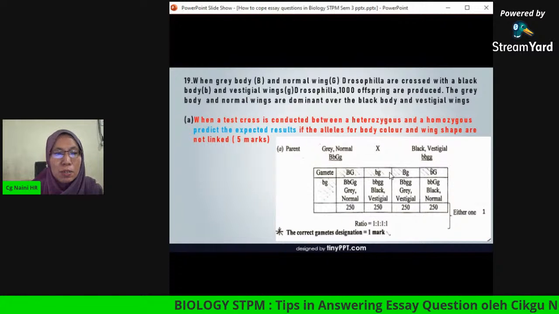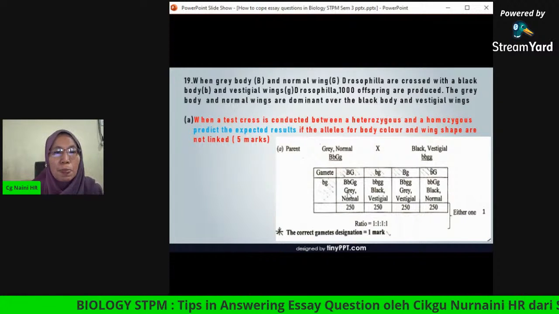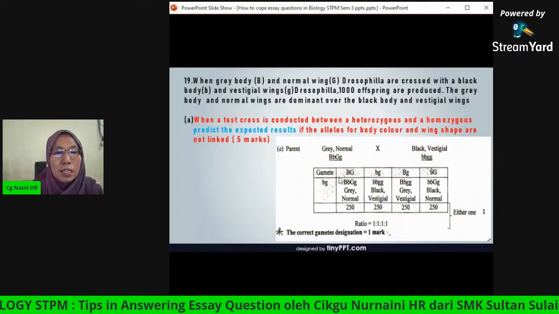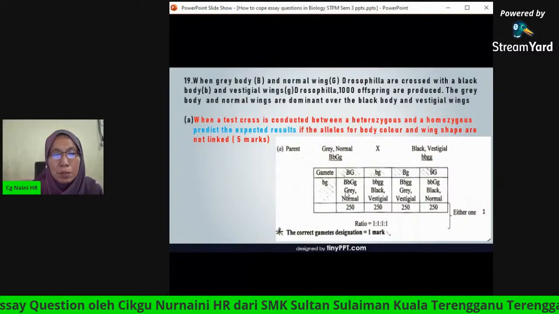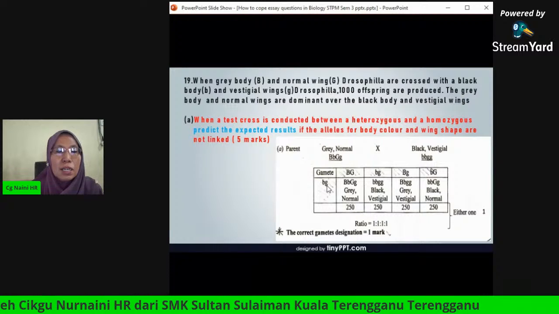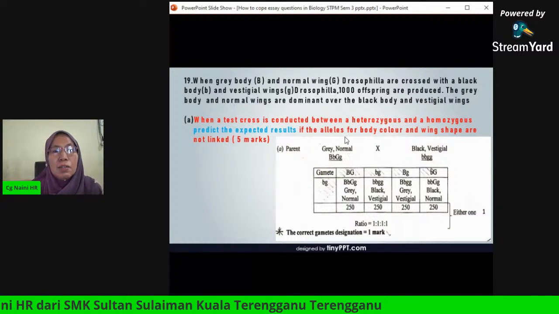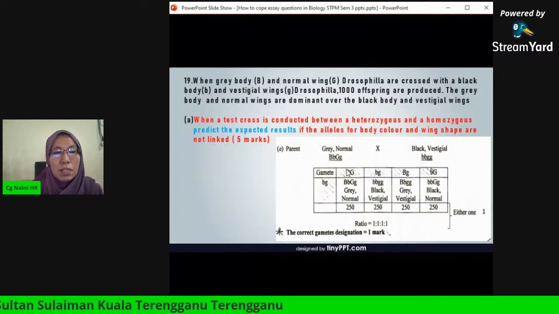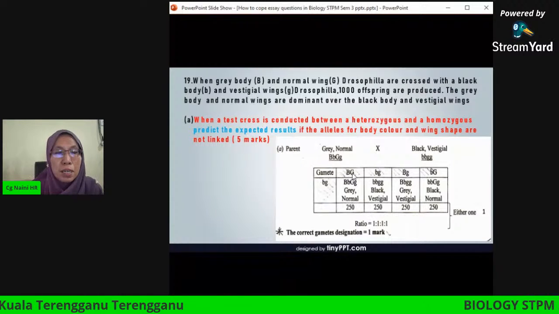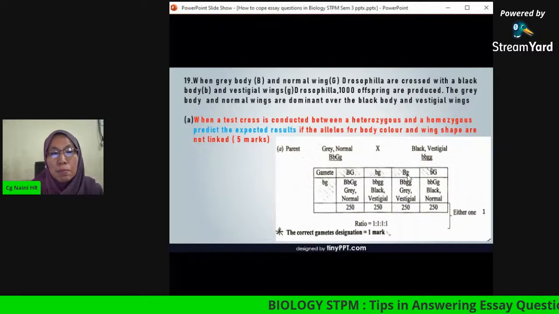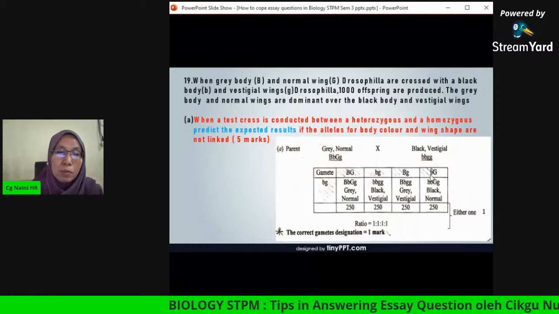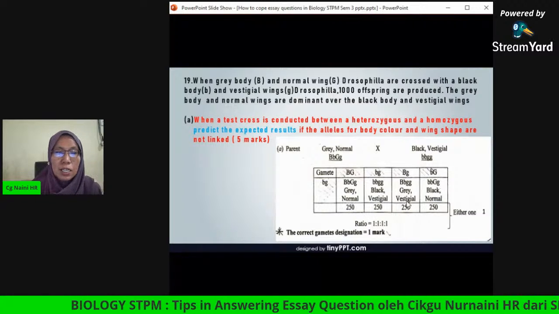You can use the Punnett square. The gametes for the one type are small b and small g. The heterozygous has big B big G, big B small g, small b and big G, and small b small g.